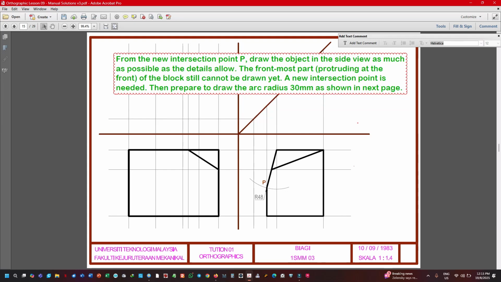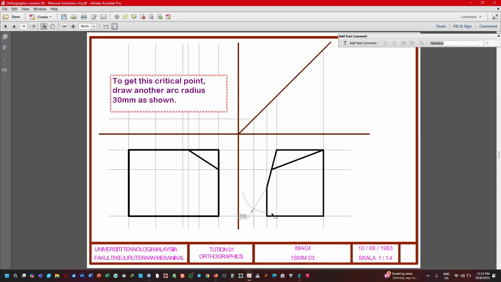Basically, if you can see now, this is the actual form of the figure that you're going to draw. So you can darken them if you want. Otherwise you can still proceed from here. From P, draw a 30 arc from here to here.